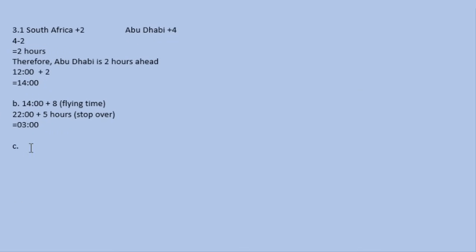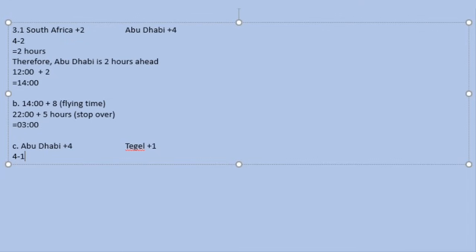So now we're locating the two cities, which is Abu Dhabi, which is a +4, and Tegel, which is a +1. And then we say 4 minus 1, which equals 3 hours.